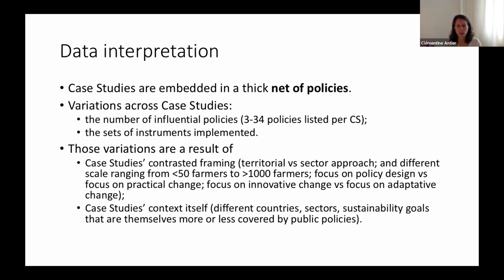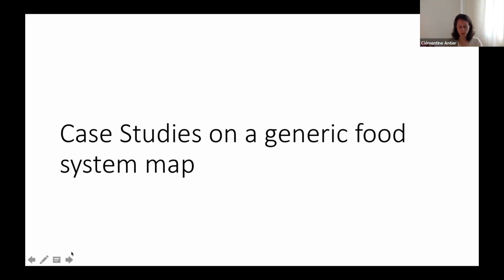So we cannot completely separate these two factors, but because the framing is defined more precisely, we can discuss, at least, the differences in the actual context of the case studies. So this was the overview of the policy space.